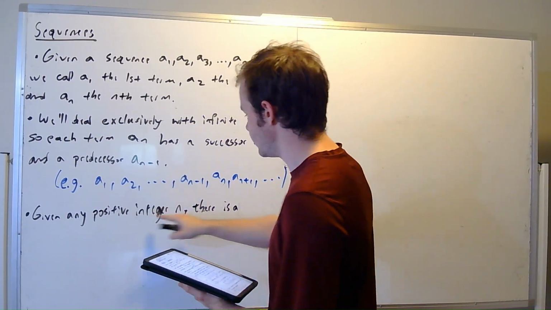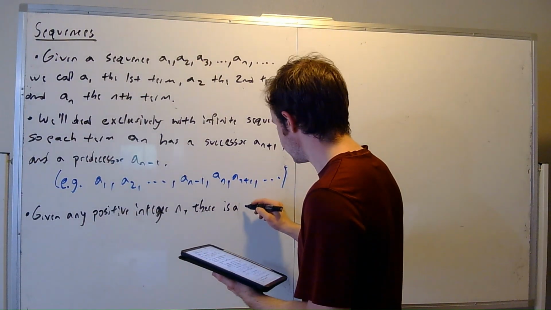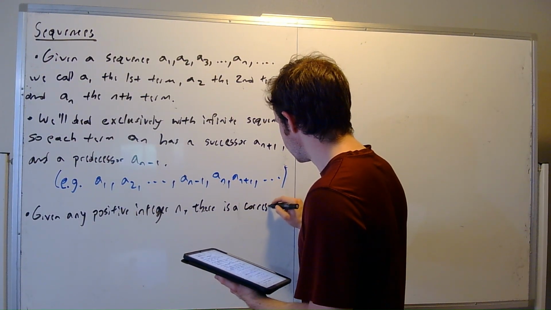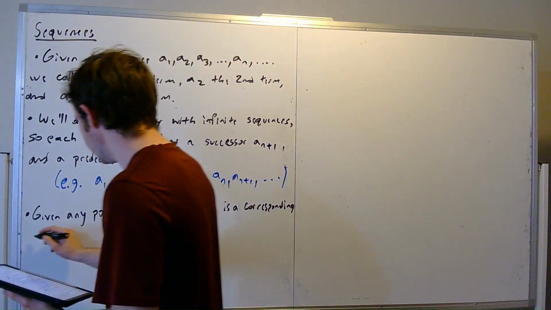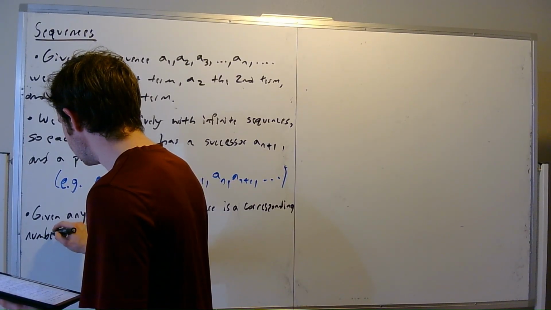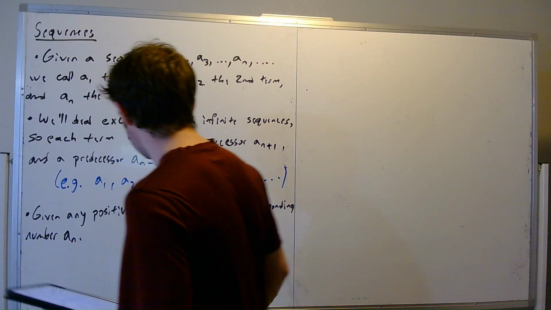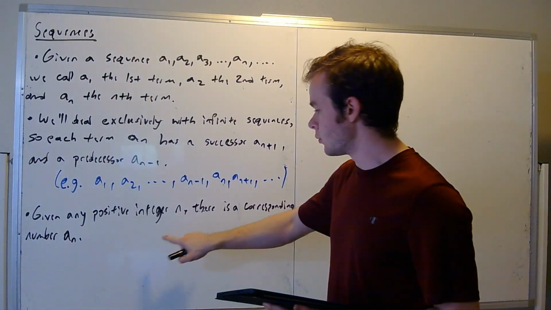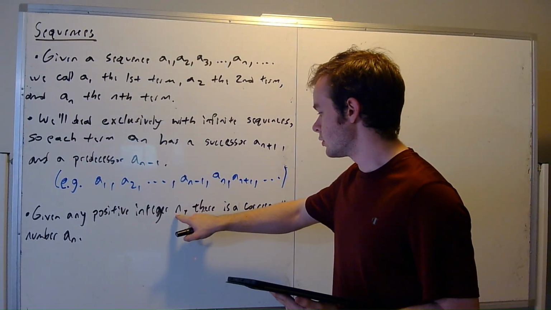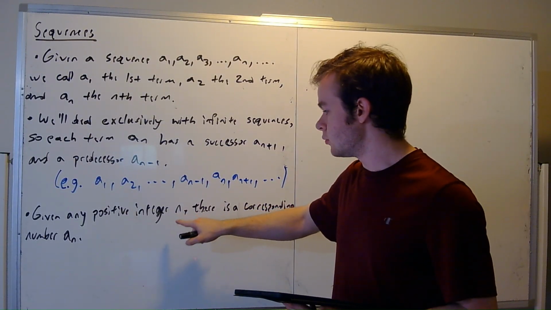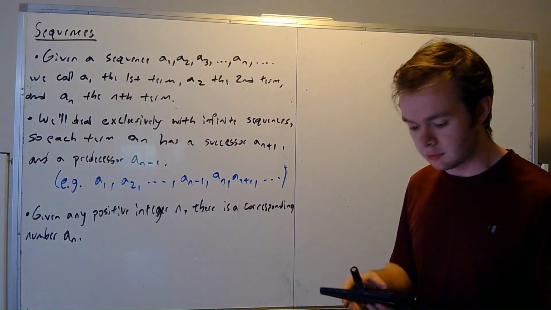So by positive integer, that's the same thing as a whole number. Right, so if we just pick a number, then we're going to get a corresponding entry in our sequence, right? So if we just pick the number, let's say 3, then a_3 would be the third entry in our sequence, it's the third term.